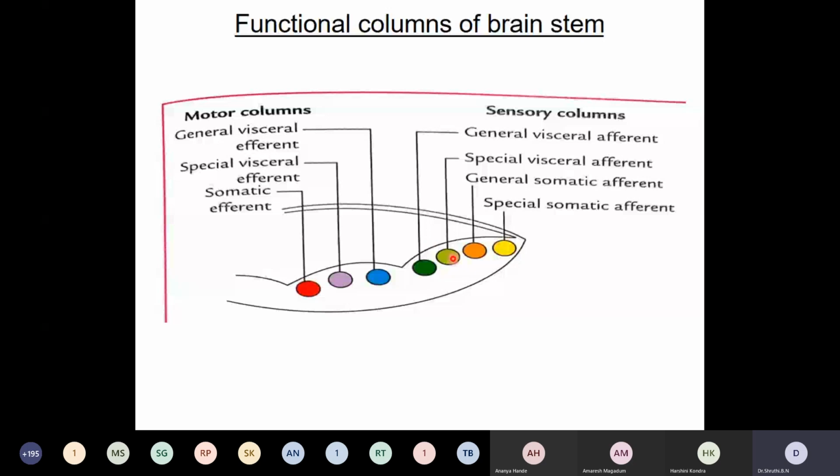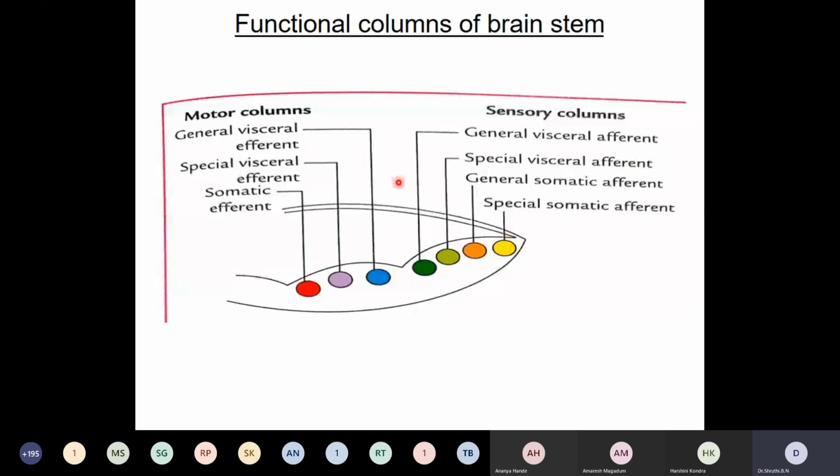Groups of neurons in these columns perform specific functions via the cranial nerves, so they form the cranial nerve nuclei. As they are growing, the hindbrain flattens. This is the rhombic lip. It flattens, whereas in the case of the spinal cord, it was vertically situated.